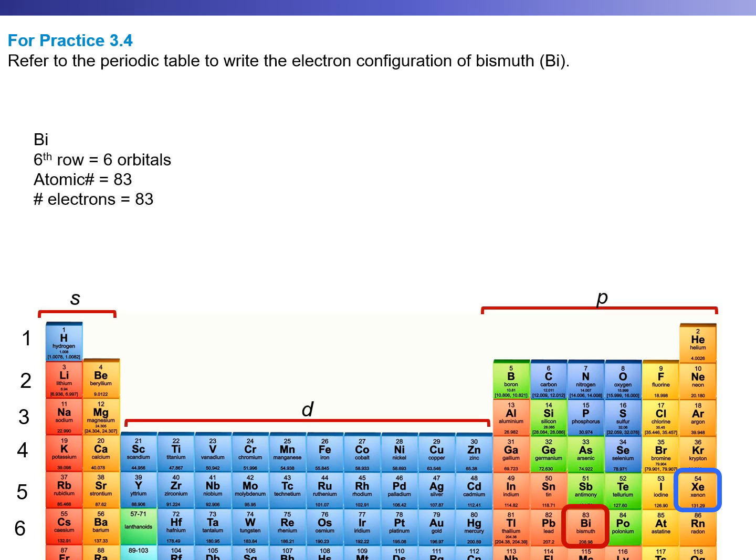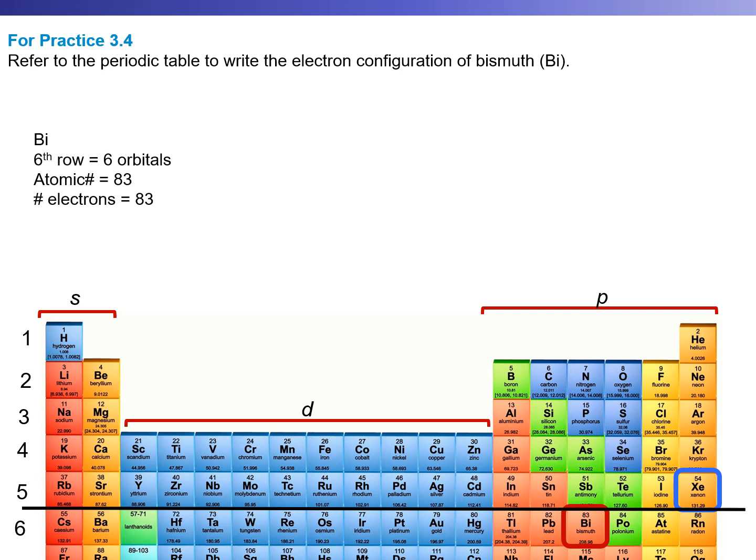Knowing that the first 2 columns represent the S subshell of whatever row we're in, that the last 6 columns to the right represent the P subshells, that the D portion represents the D orbital, and in our case, everything above this point right here is going to be full.